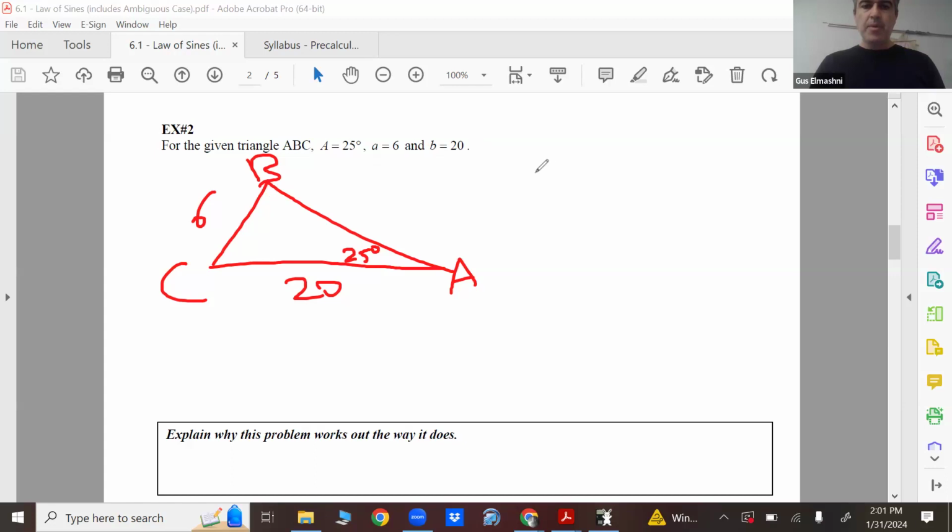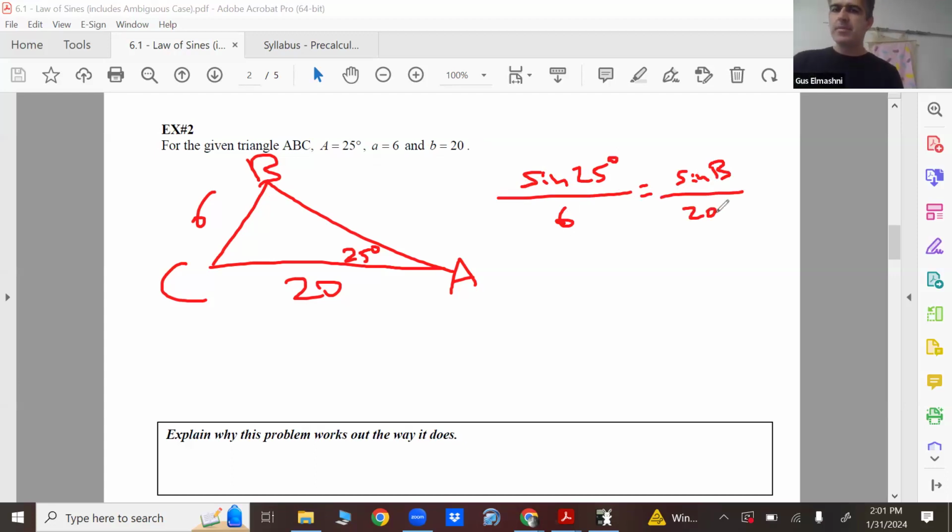So I'll start by doing this. Sine of 25 degrees over 6 equals sine B over 20. Does that make sense, what I just did? You could do angle C, but I don't know the side opposite angle C. So there are four variables, and I know 3 of them, right?